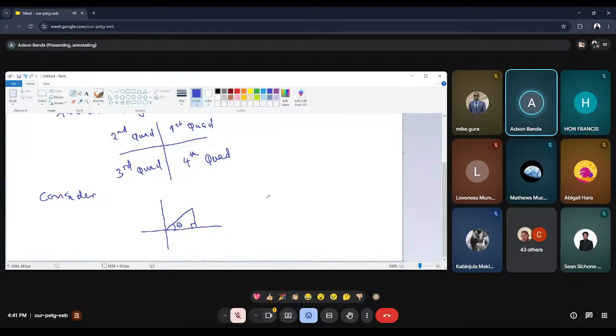Even 45 is also in the first quadrant. So I was just saying 30, 45 in terms of degrees, and the 60 degrees are all angles in the first quadrant.